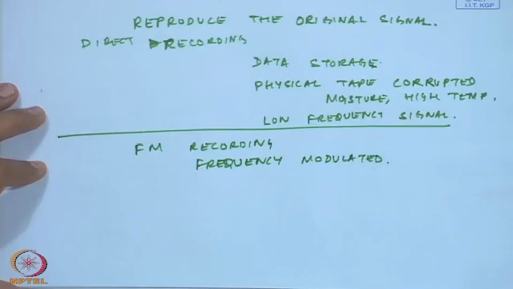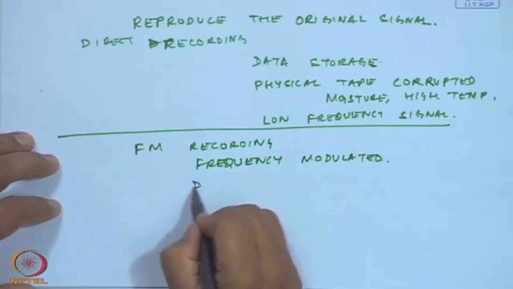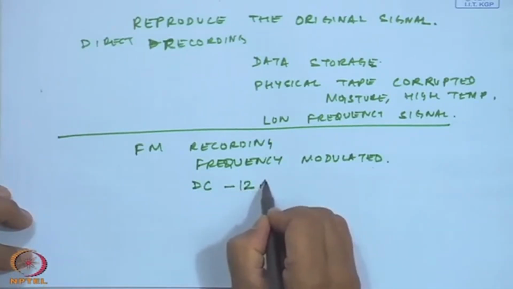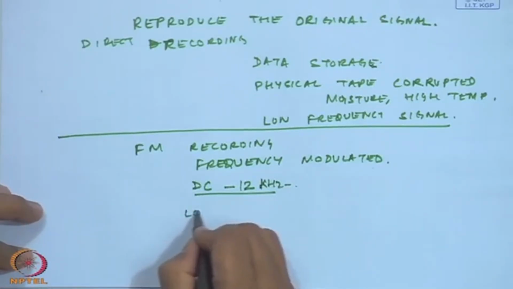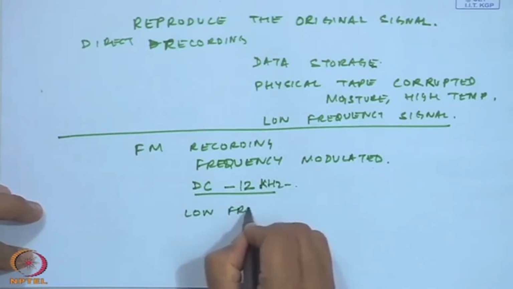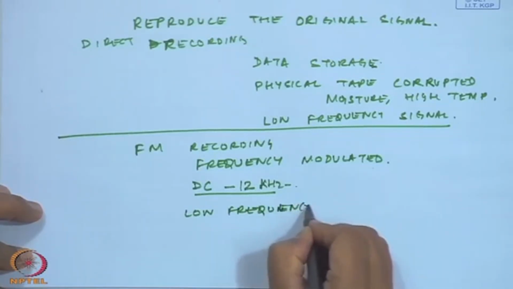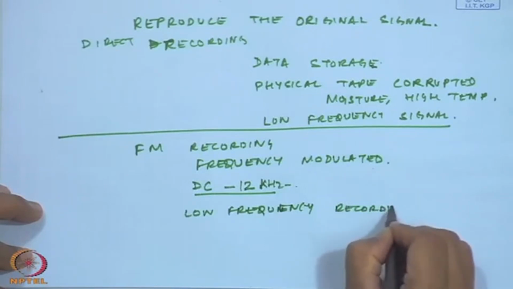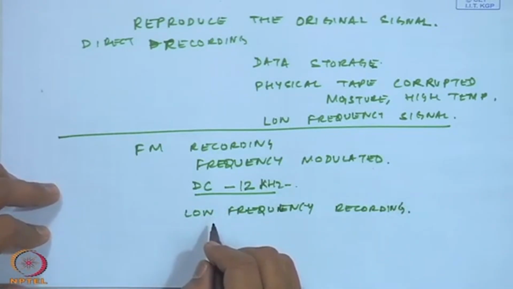The FM recordings are very popular and convenient because they can measure as low as DC and can go as high as maybe 12 kilohertz, etc. So, low frequency recordings are possible by the FM recording.